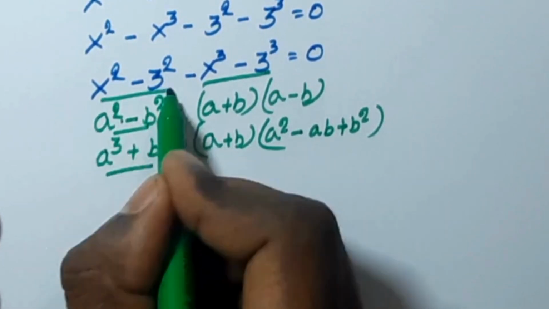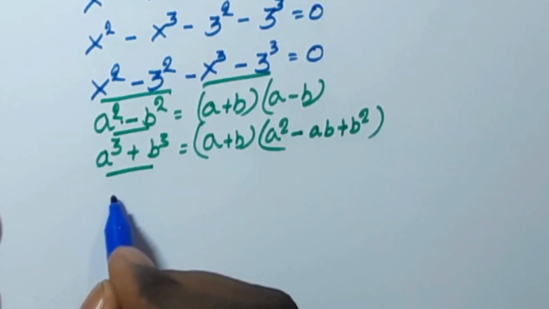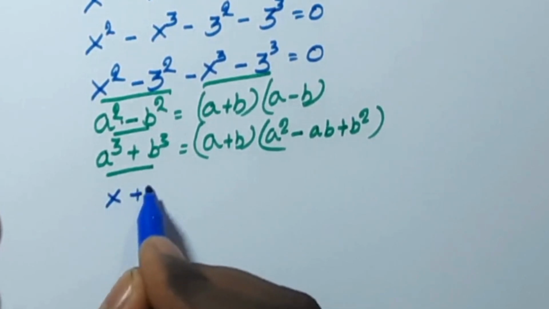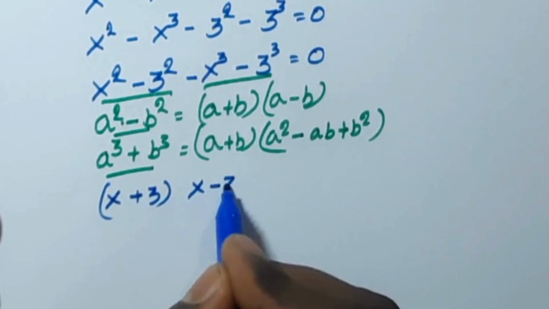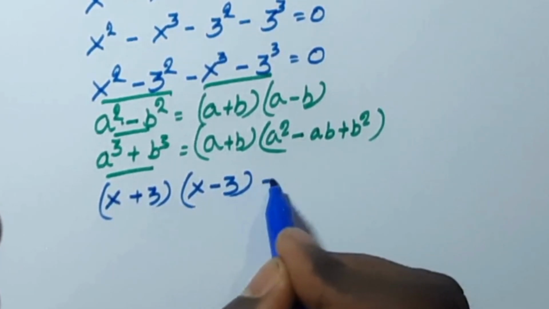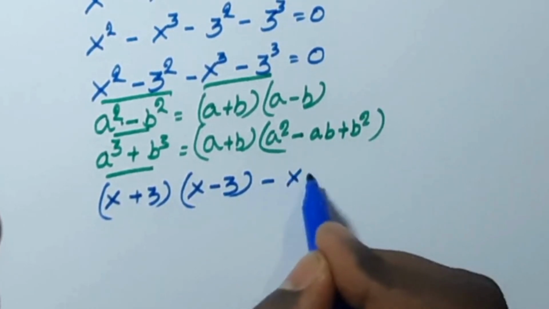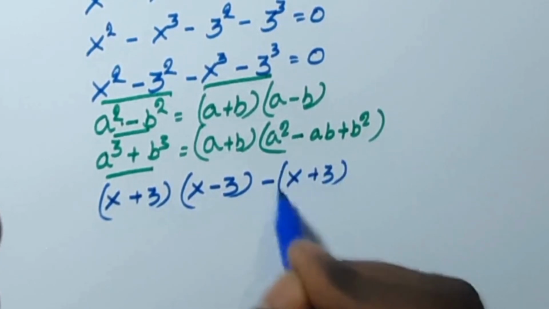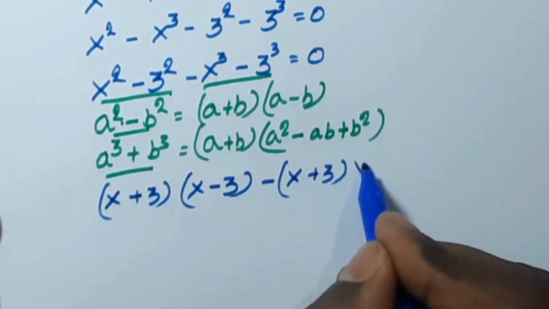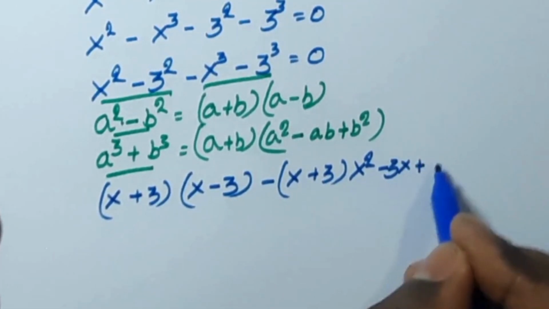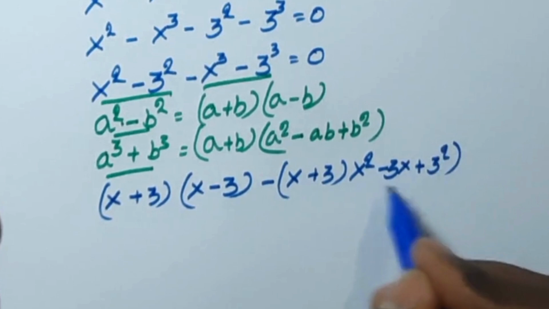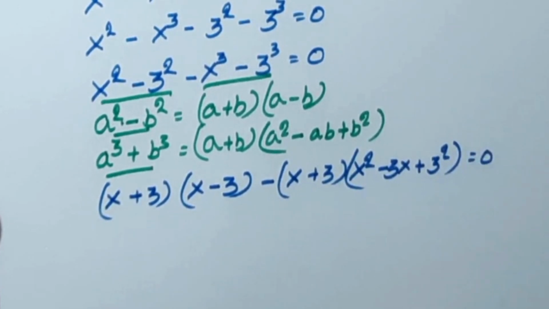This one is going here. x plus 3, x minus 3, minus x plus 3, x square minus 3x plus 3 square equal to 0.